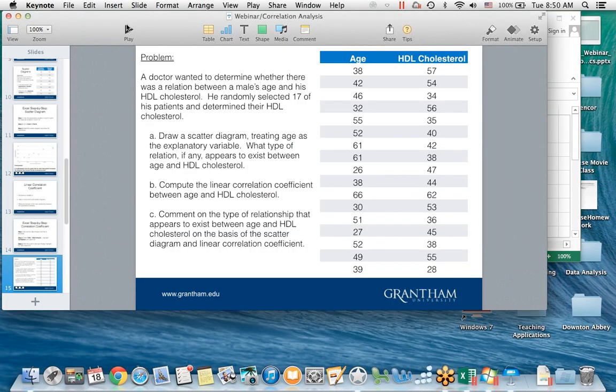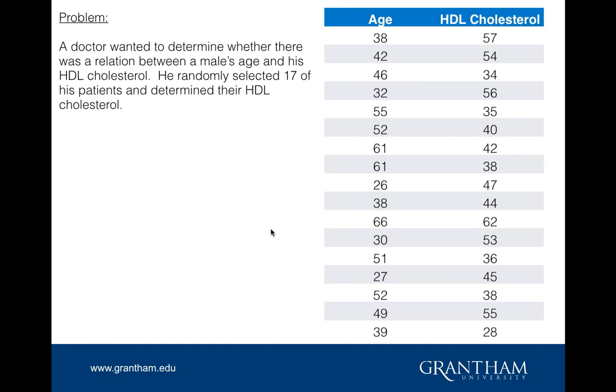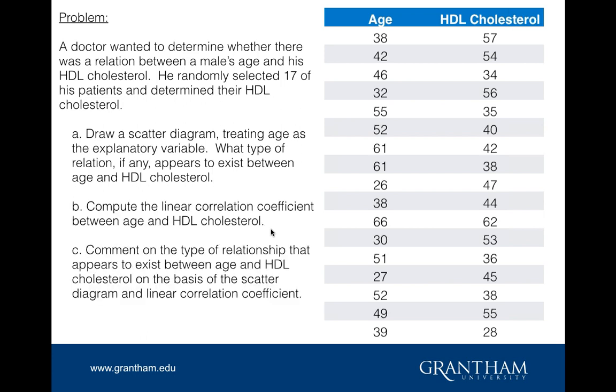Let's go back to our problem. So we kind of did B and C already. But for A, we're asked to draw the scatter diagram, treating age as the explanatory variable, which means that we put it in the X column, and HDL cholesterol we put in the Y column.